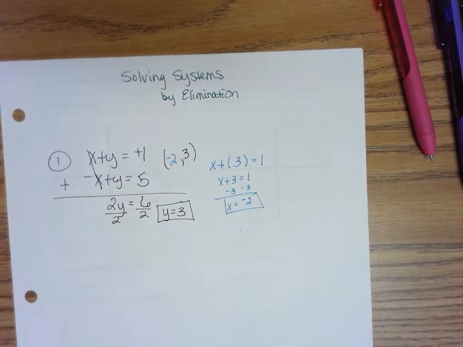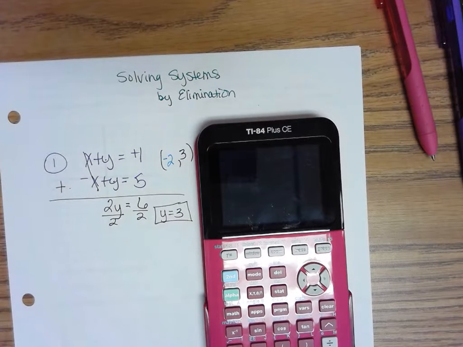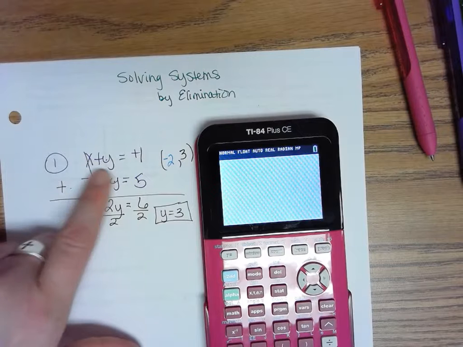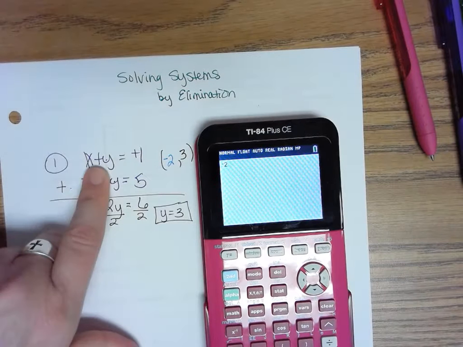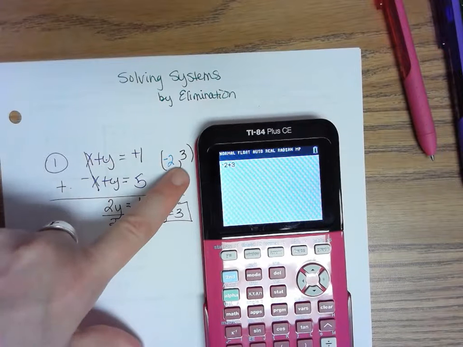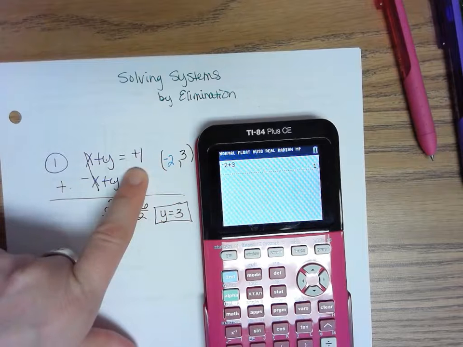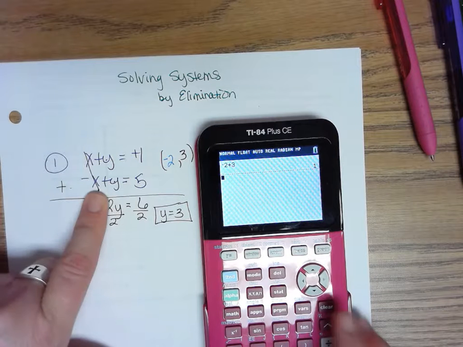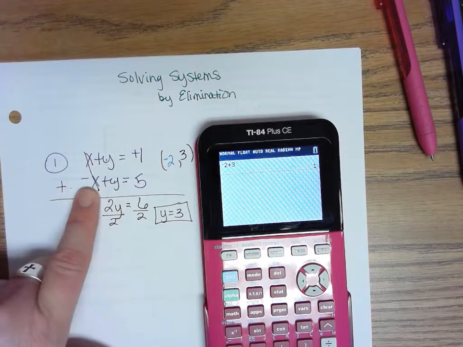In order to make sure I am correct, I'm going to double check. I have x, and I know x is negative 2, plus y. Y is 3. Enter. You see how it equals what I have on my paper. That's not sufficient, though. I have to check the other equation too. Now this is important: there is a negative, so I type a negative, and then I see x.